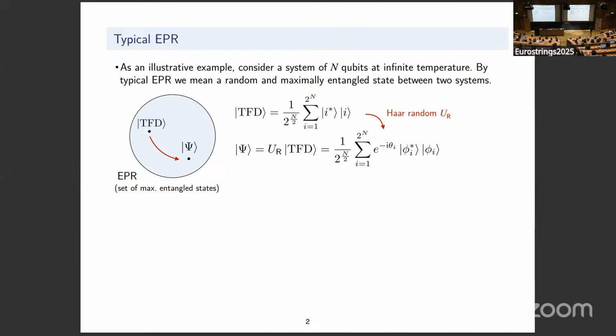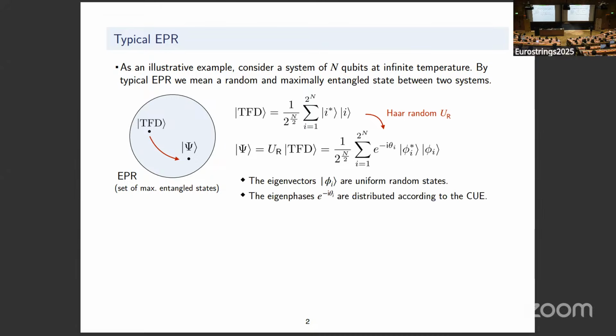So a typical EPR can equivalently be defined by a statistical distribution of phases and a statistical distribution of eigenvectors. In particular, for a typical EPR, the eigenvectors are uniform random states in Hilbert space, and the eigenphases are distributed in a very particular way. They are distributed according to the circular unitary ensemble, which is a famous ensemble in random matrix theory.